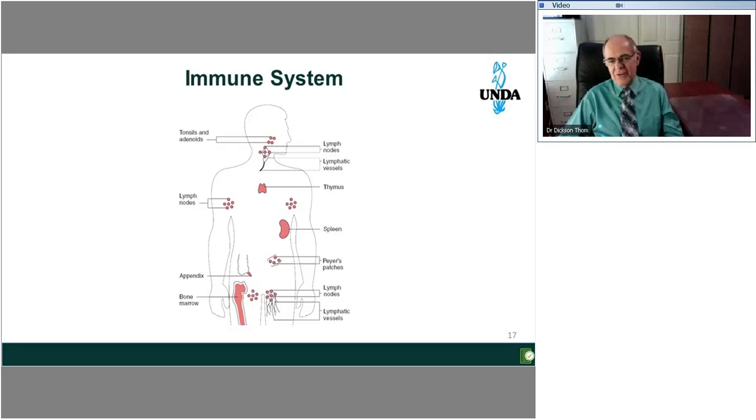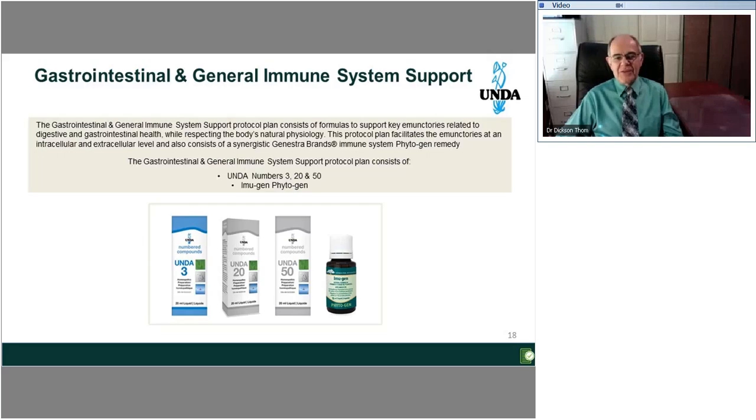Well, in addition to following natural laws, there are remedies that will help strengthen it. These remedies are number 3, number 20, again surprise, surprise, and number 50, along with the phytogen Immugen, which makes sense as a support for the immune system.